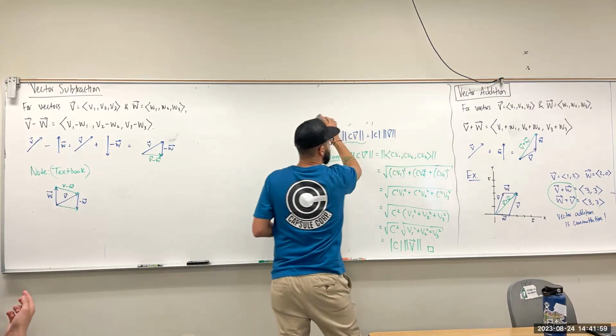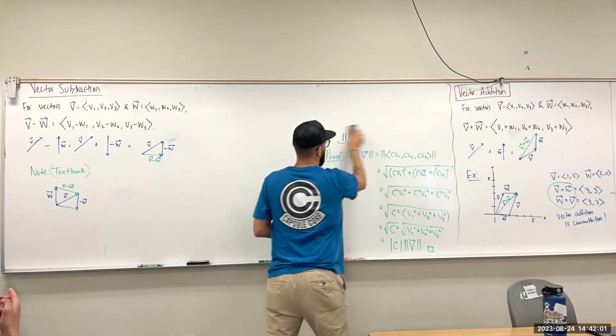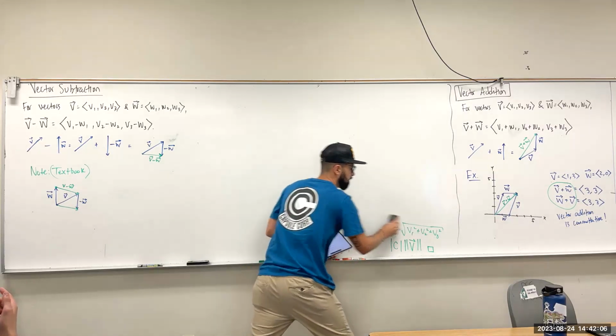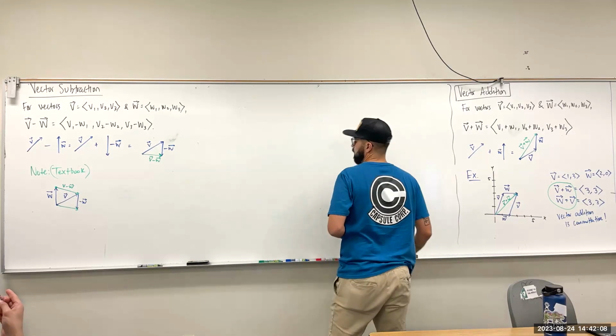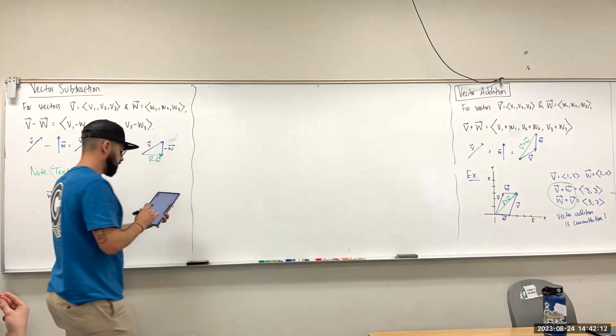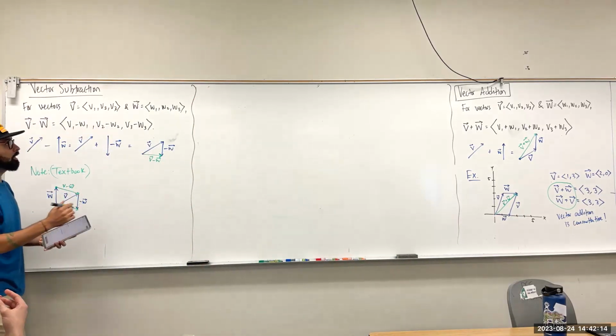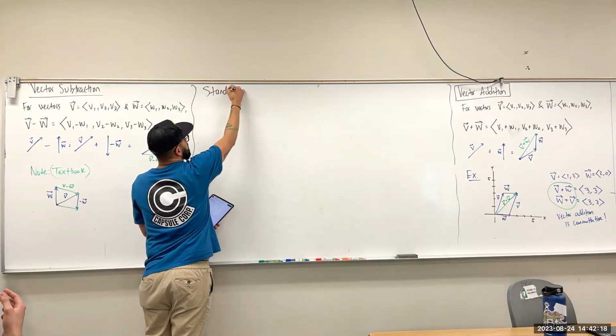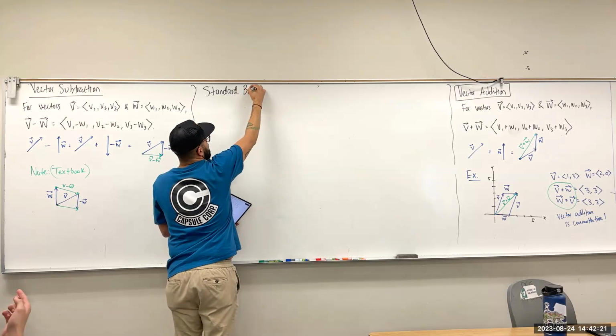So with these three operations, scalar multiplication, addition, and subtraction, we have a good amount of tools now to do some cool stuff with it. If you're in linear algebra, this word might sound familiar. The last thing I want to discuss in this section is what's called the standard basis vectors.